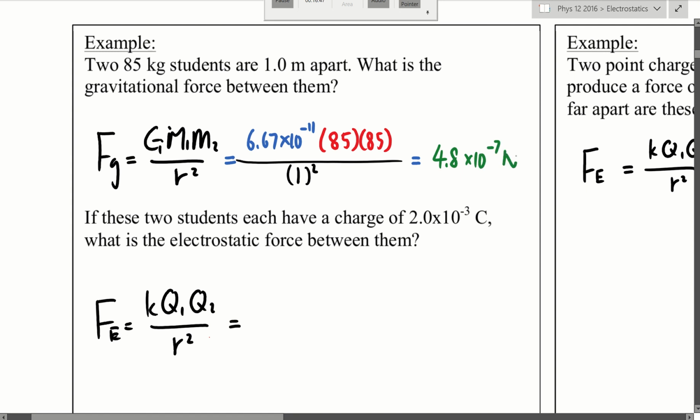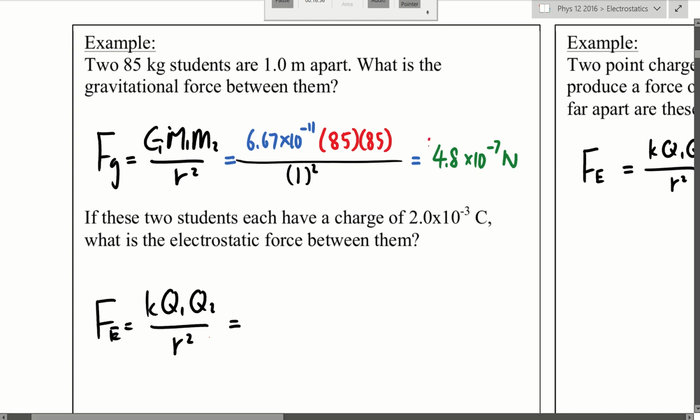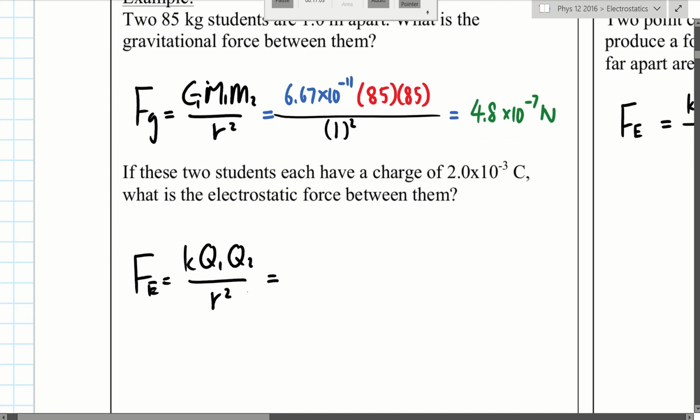So it's like 5 in 10 million of a Newton. So it's not even 1 Newton, right? It's 0.0000005 Newton approximately. That's the amount of gravitational attraction between the two people.